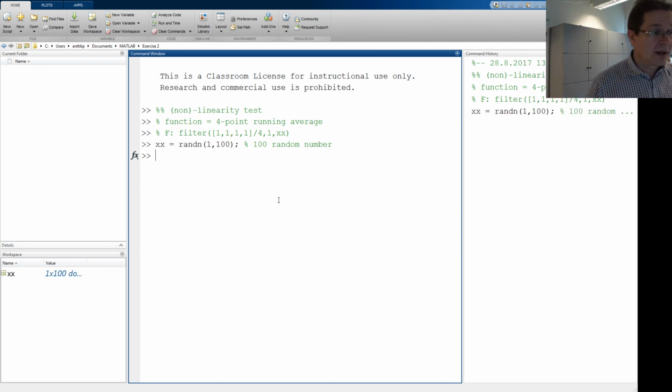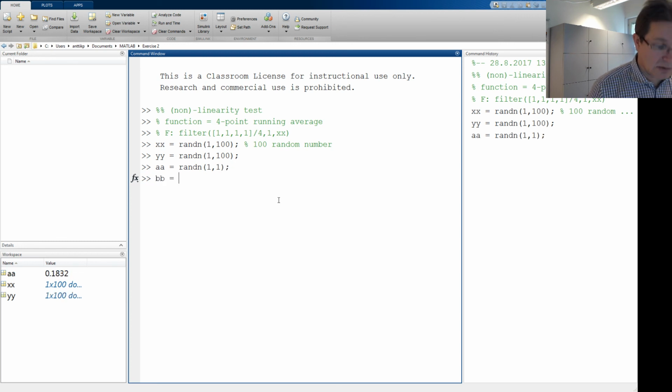Then another one, same thing, with different random numbers. Then we take A and B as random numbers too, but each is just one random number.